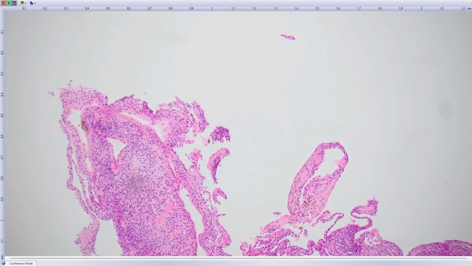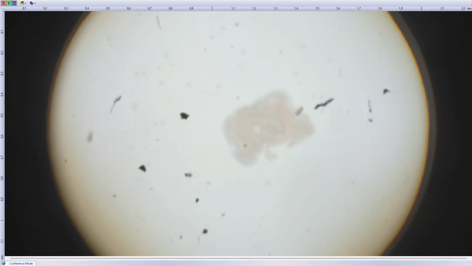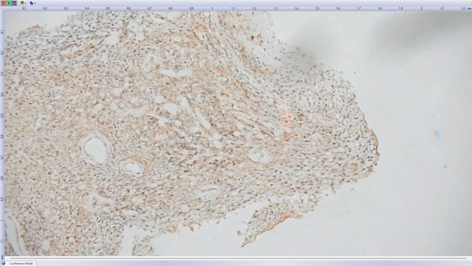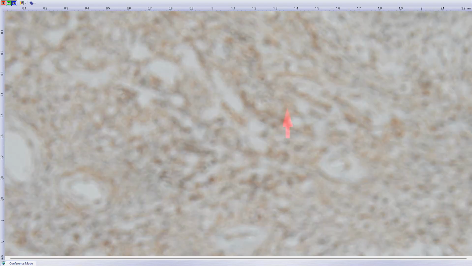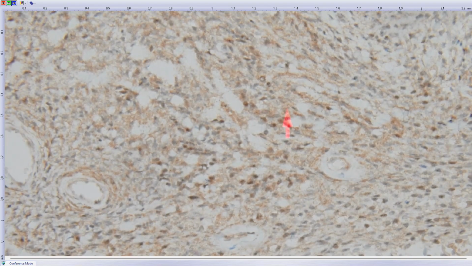Not all the basic markers, S100 protein, cytokeratins, desmin, everything was completely negative. The only thing that was a little bit positive was this. This is STAT6. So there was some focal nuclear expression, and CD34 was negative.